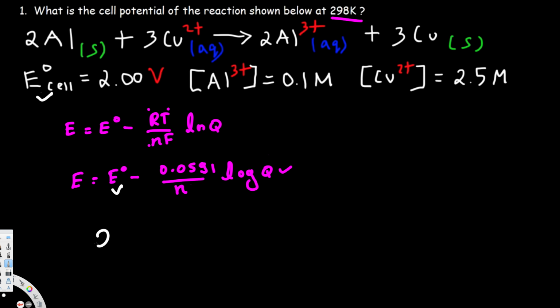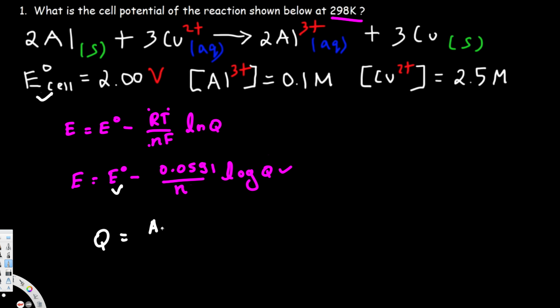To find the Q, we use this equation, that is products over reactants, and here we have solids. So whenever you have solids and liquids, you shouldn't include them in this equation. So here we are only going to include these aqueous forms. So in the product side we have aluminium 3+.